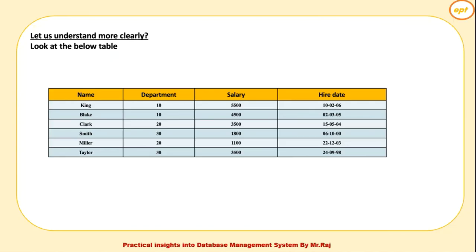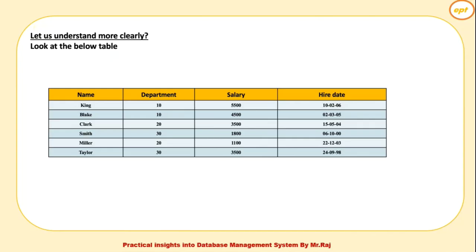Before, it was raw data. Are you able to understand the data now? If somebody asks you what is the salary of so and so employee, what is the hire date of this particular employee, what is the department of this employee, are you able to give an answer now?